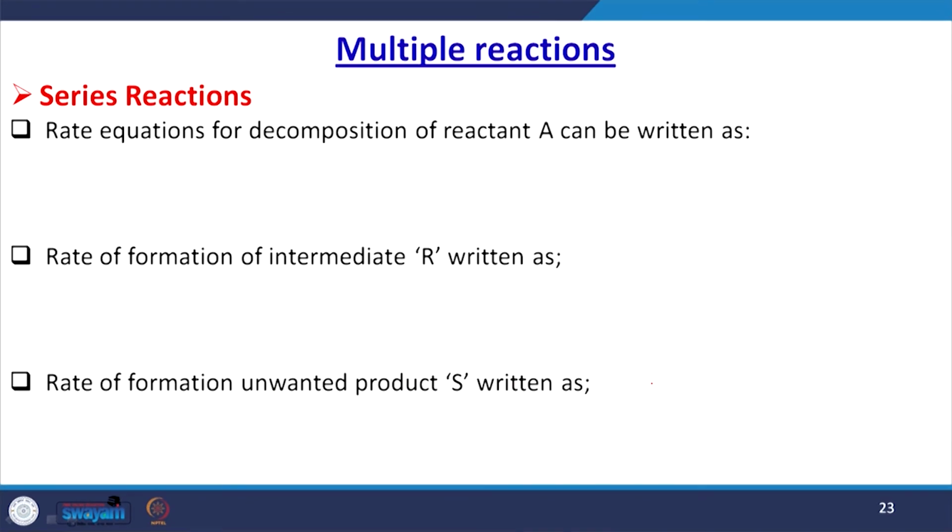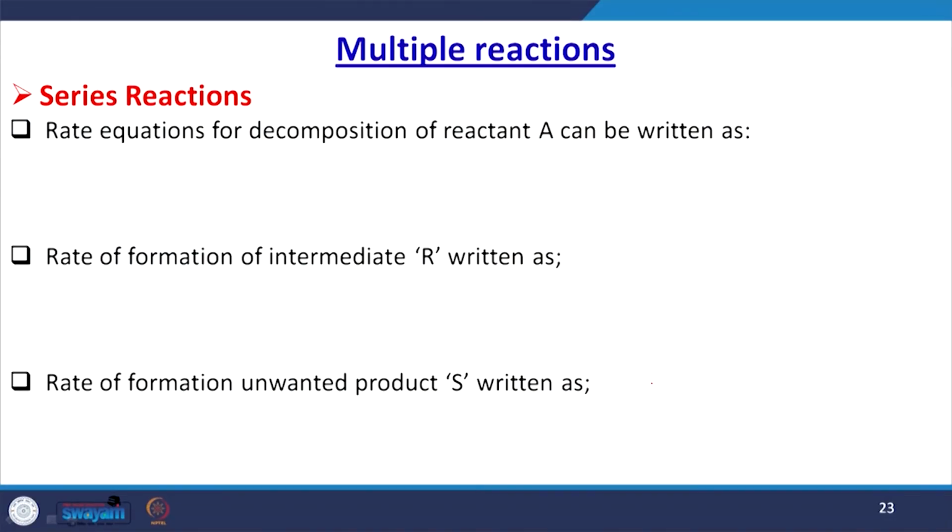When we talk about the mathematical representation of these series reactions, for the various components, like the decomposition of reactant A, the rate of formation of intermediate R, and the rate of formation of unwanted product S, we can write the rate equation for the decomposition of reactant A as Ra = -dCa/dt = -Kr Ca.